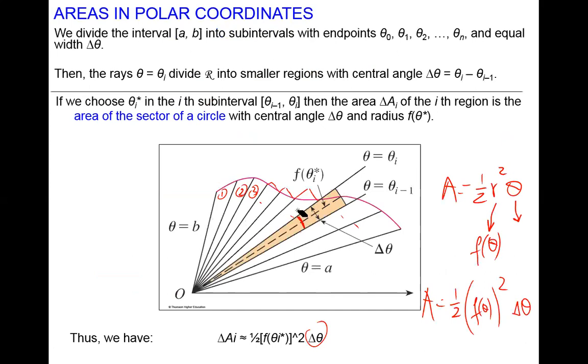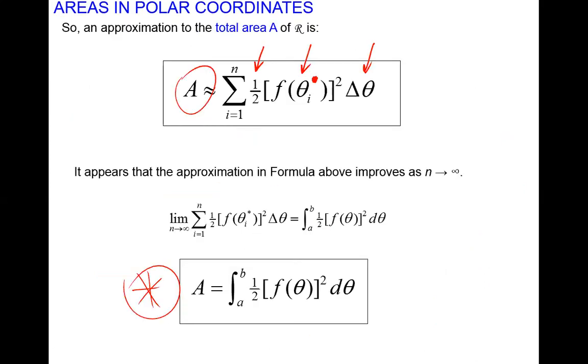The best approximation will be if these are really, really thin, if we have infinitely many sectors. That means I want n to go to infinity, which of course, if infinity is involved, is simply a limit.